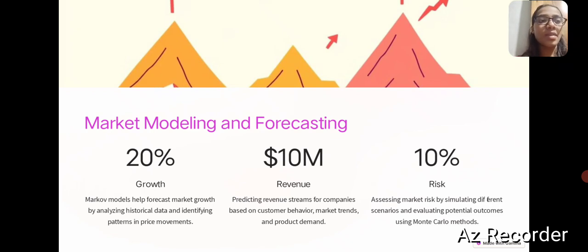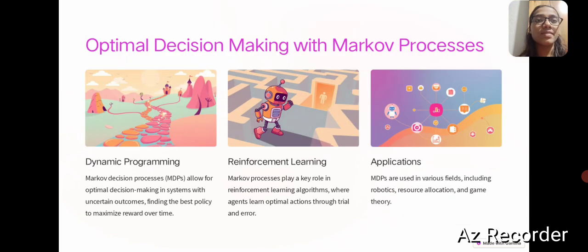Assessing market risk by simulating different scenarios and evaluating potential outcomes using Monte Carlo methods. In physics also we used to study the Monte Carlo methods. In engineering, they introduce Monte Carlo methods.